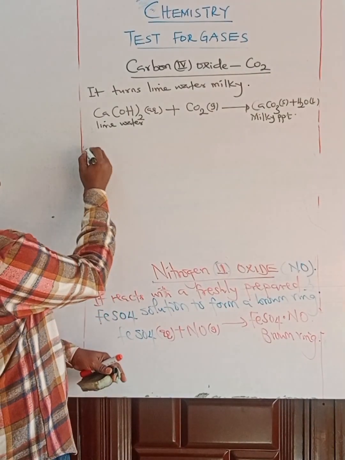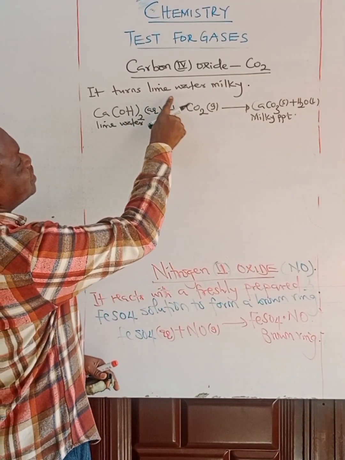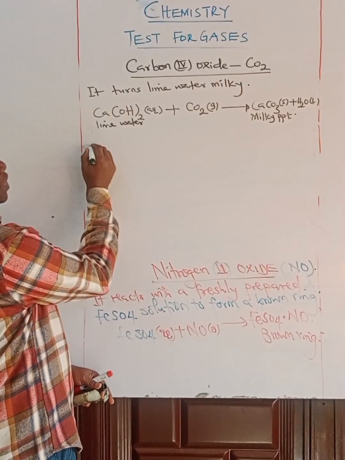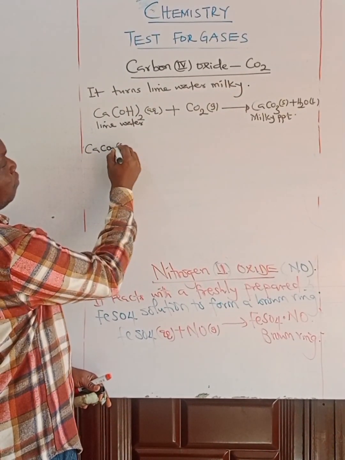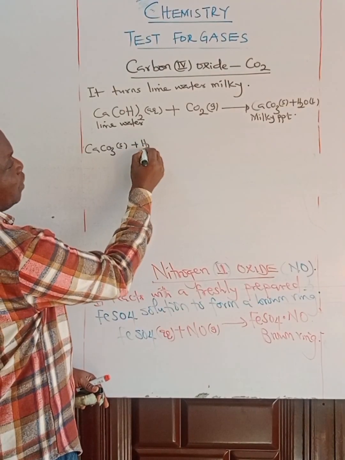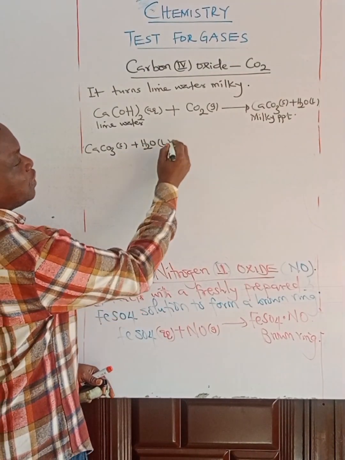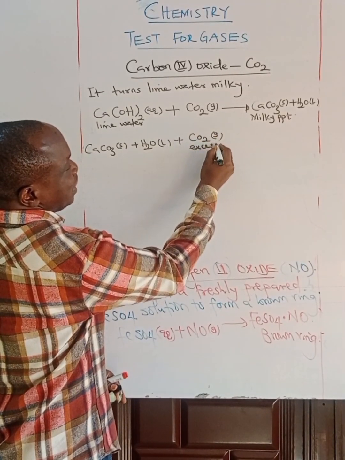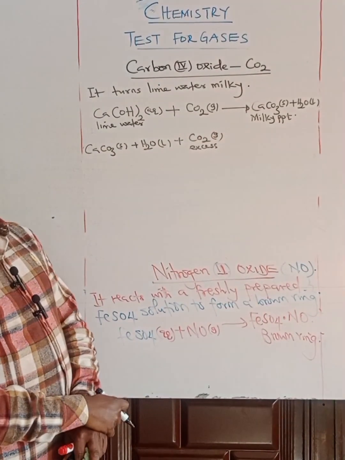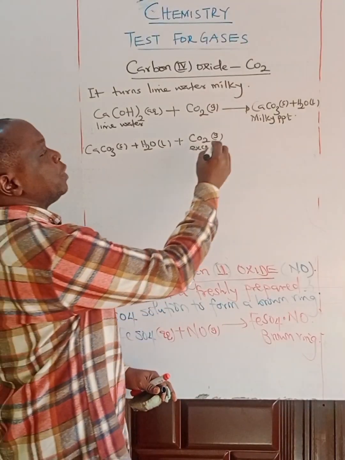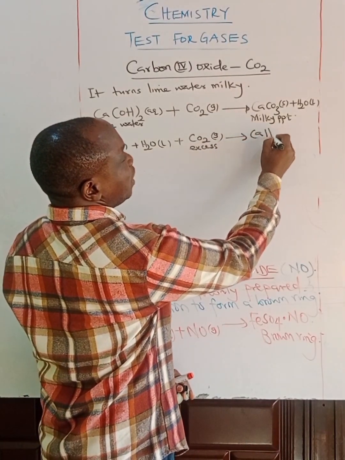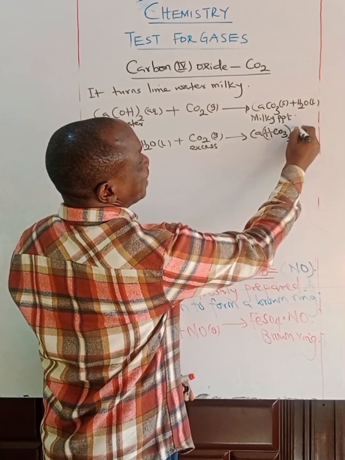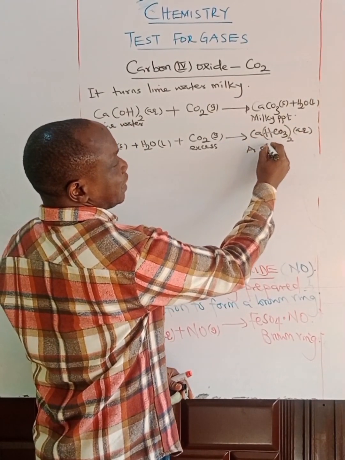But in past questions, they ask what happens if you pass CO2 for a long period of time. In the presence of excess CO2, it will form calcium hydrogen carbonate, Ca(HCO3)2. This is a clear solution, no precipitate.